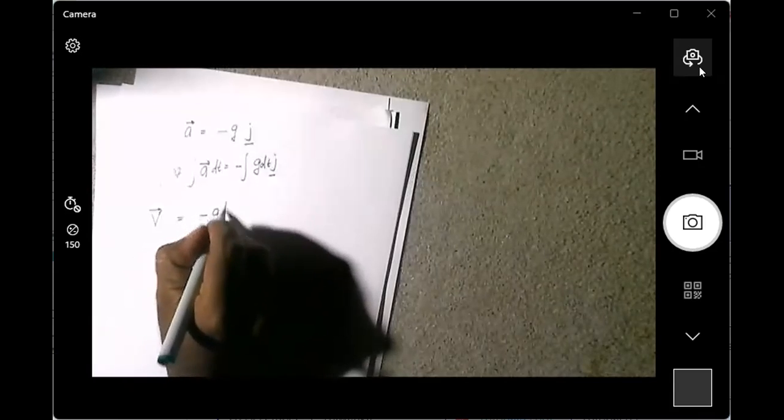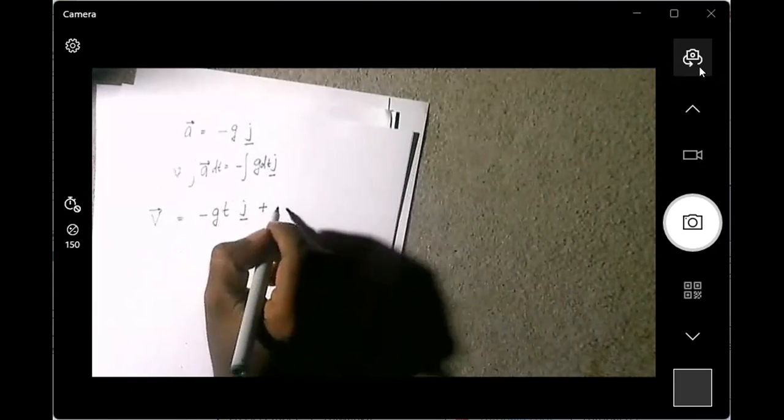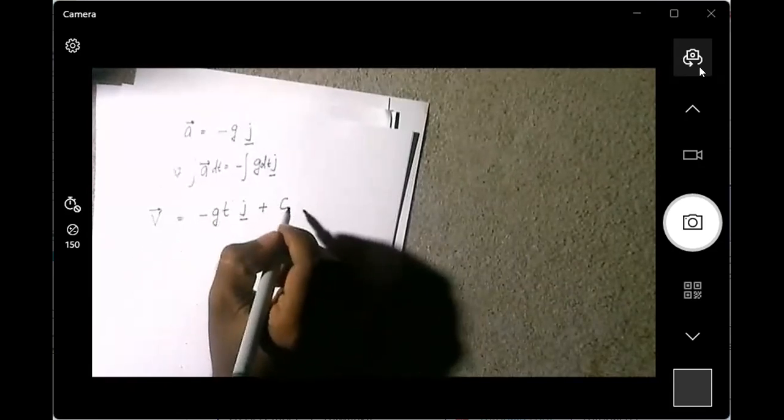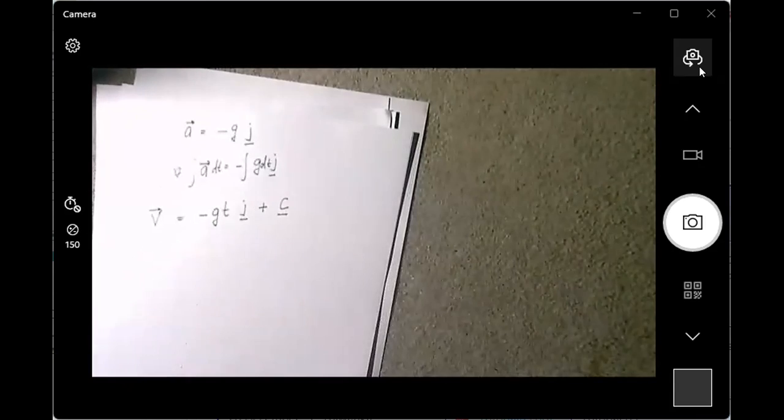When you do this side we have v, and here what will you get? Minus g t in j direction plus, as usual, you need the constant. But remember, this time the constant is a vector.